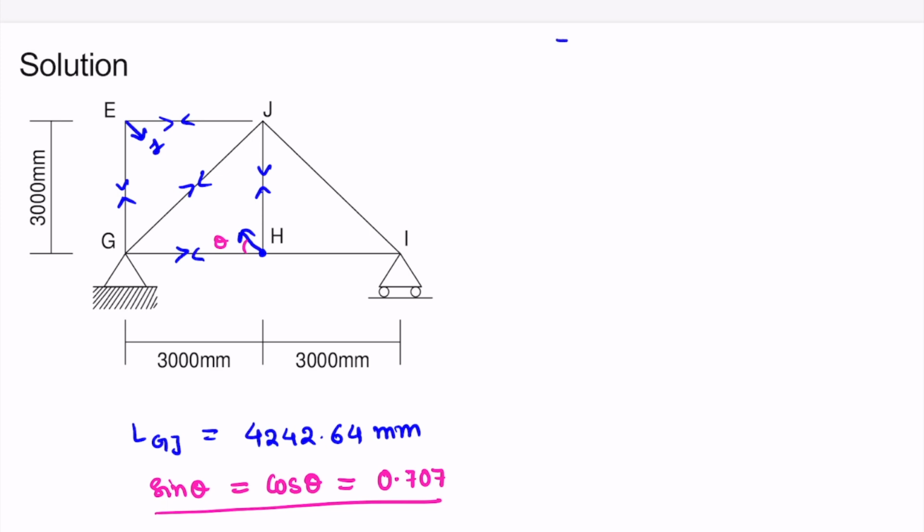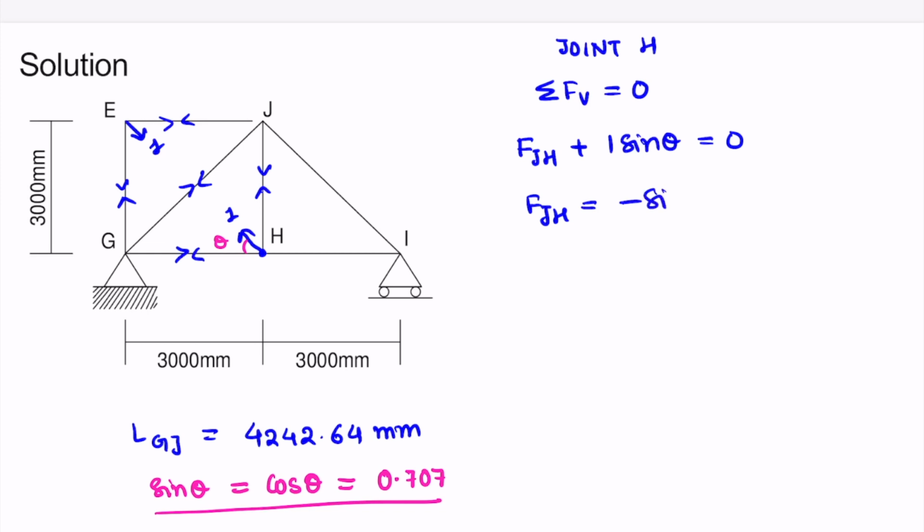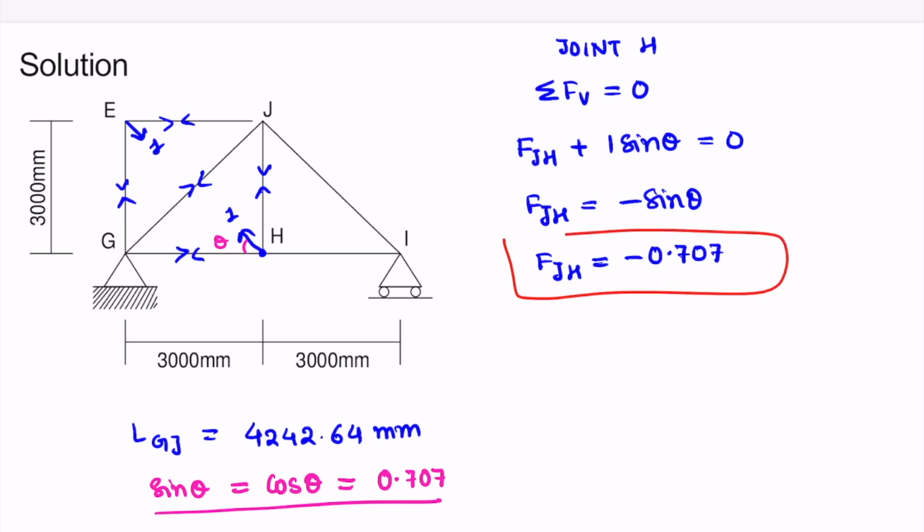Let's consider joint H first. Summation of force in vertical direction to be 0. What is the force in vertical direction? FJH plus 1 sin theta equal to 0. This means FJH is equal to minus sin theta. We can say that FJH is equal to minus 0.707. So FJH we have calculated.